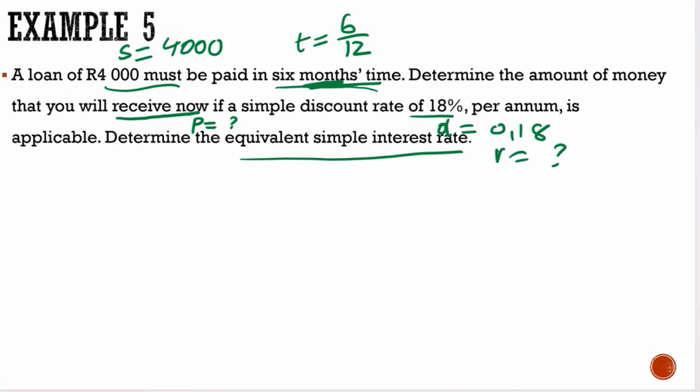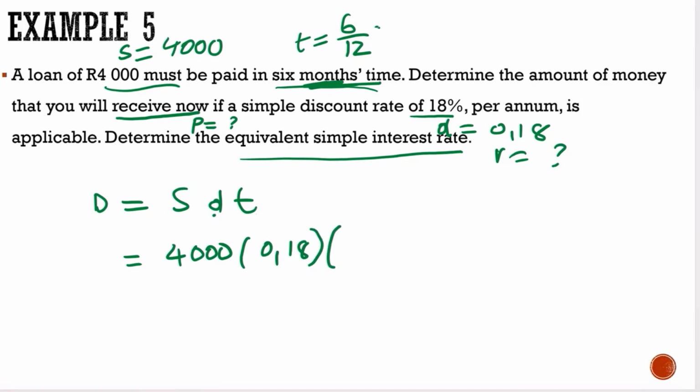Here you can just get your formula. This example is similar to the one that we have done previously. So now you've got your D. Your D is equal to SDT. So this is going to be equal to 4,000, your discount rate is 0.18, and your time is 6 over 12.